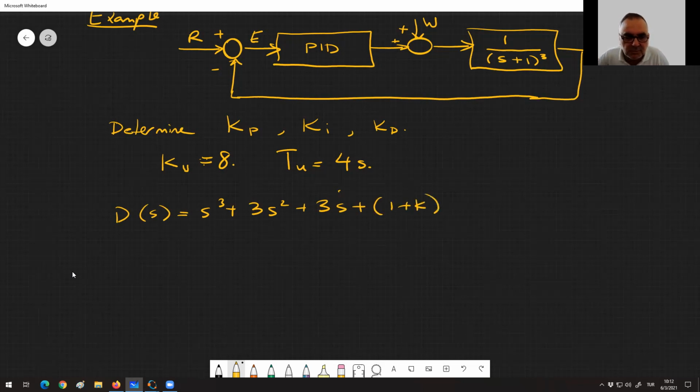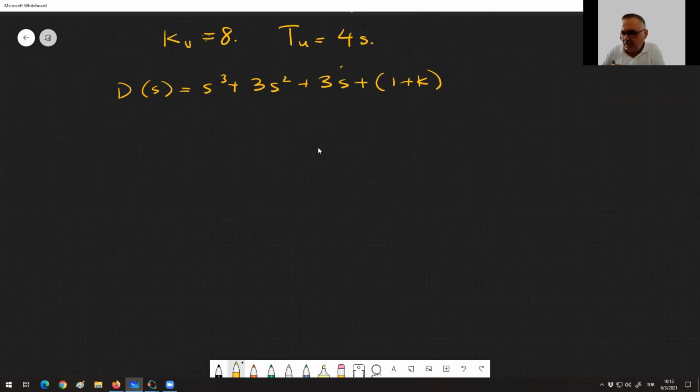Okay. And if you write your Routh array, it is 1, 3, 3, 1 plus k.